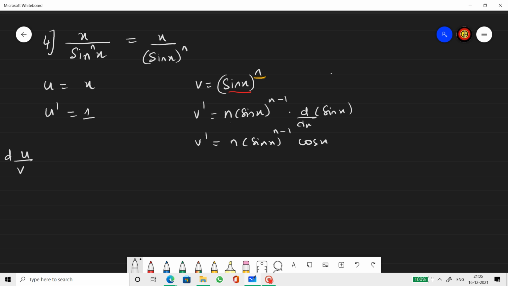Differentiation of anything using u by v rule is v into u dash minus u into v dash by v square.